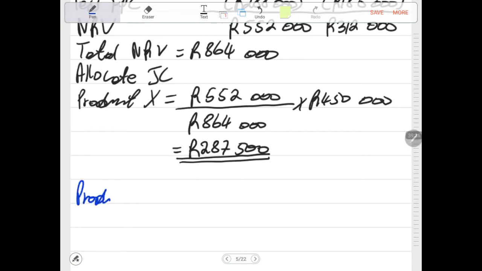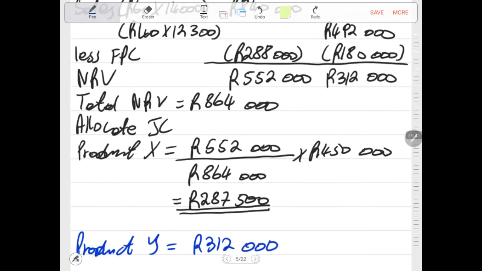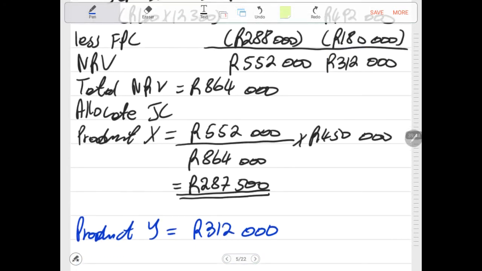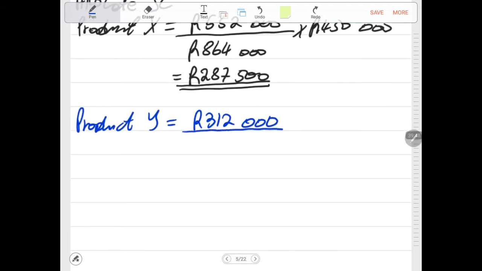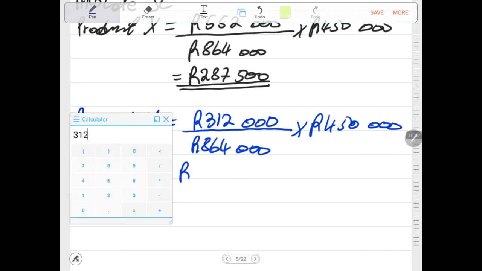Then we go to product Y. Product Y, it will be 312,000, which is net realizable value for product Y. We divide it by the total NRV, and our total net realizable value is 864,000, and we multiply this by the adjusted joint cost after the revenue from the sale of the byproduct was adjusted. 312,000 divided by 864,000, multiply this by 450,000.